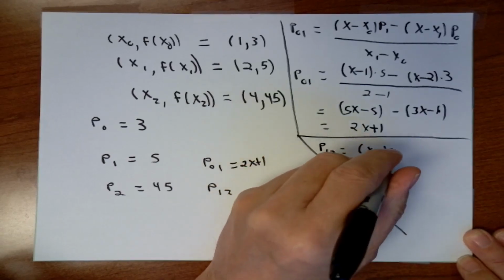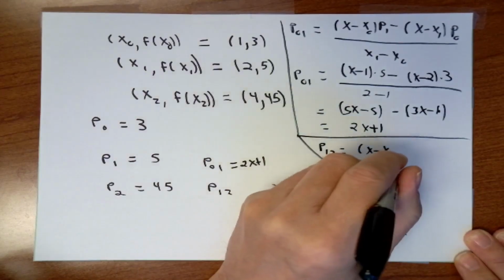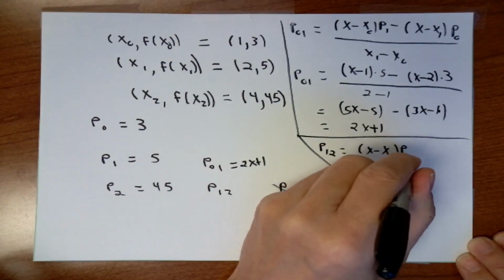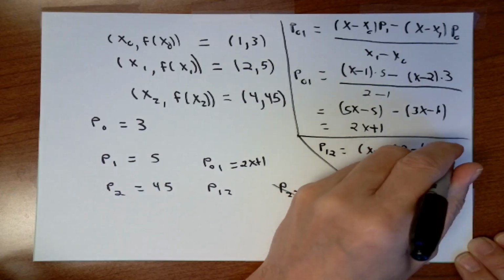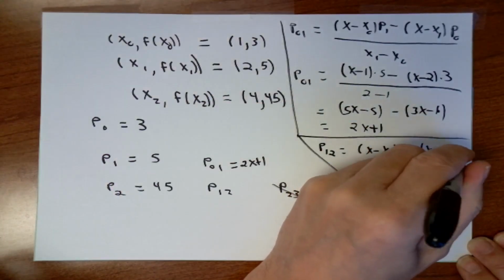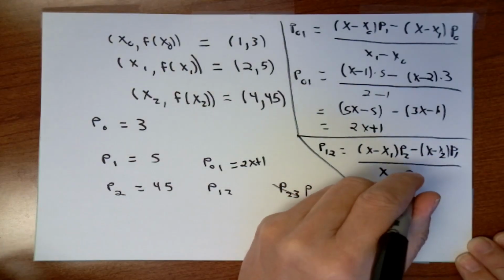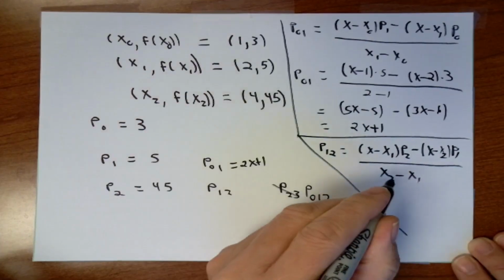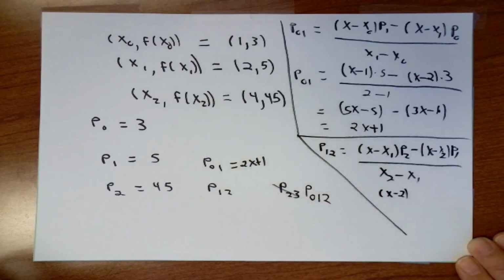This is x minus x, the smallest index out of the bunch, which is 1 this time, times P2 minus x minus x2 times P1 divided by x2 minus x1. x1 is equal to 2. x2 is equal to 4. P2 is equal to 45.